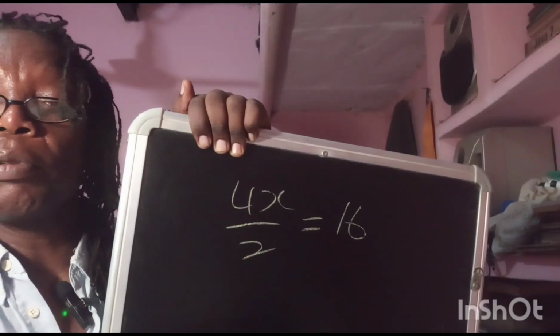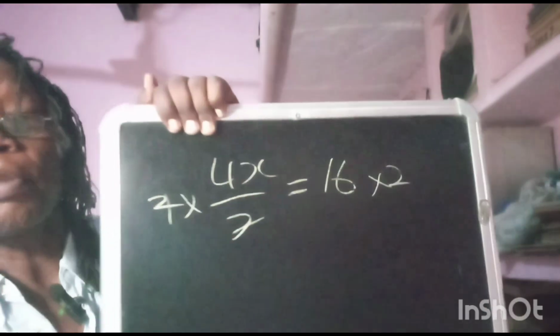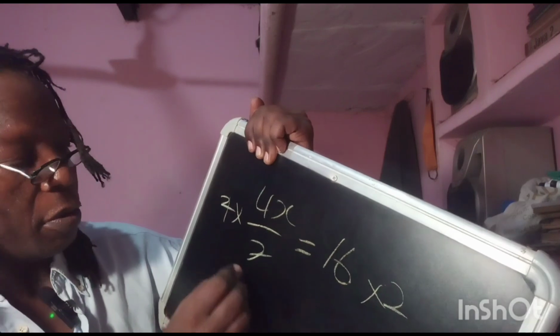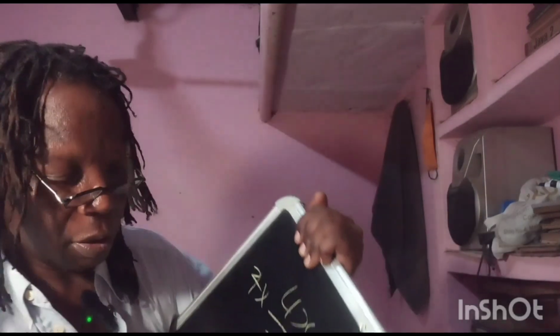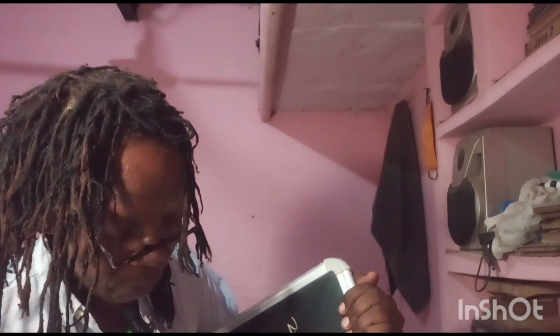What do we do? We multiply by 2 on both sides, right? See what I'm doing? So this and this will cancel. And then we multiply this: 16 times 2 will be what? 6 times 2 is 12, with 1, 32.